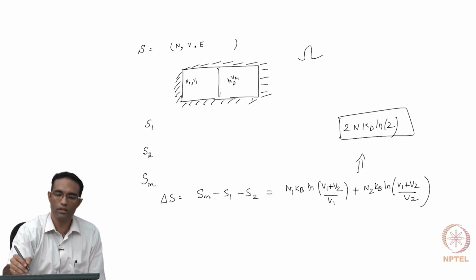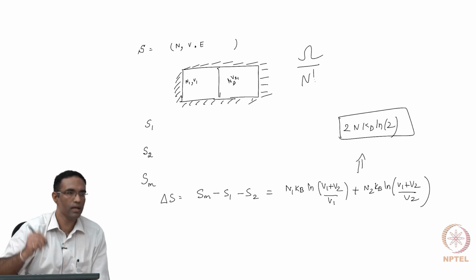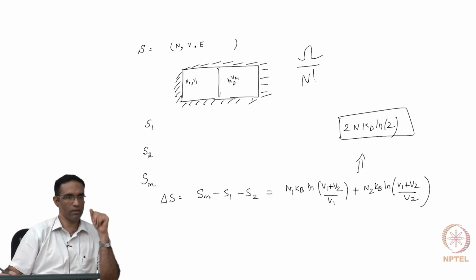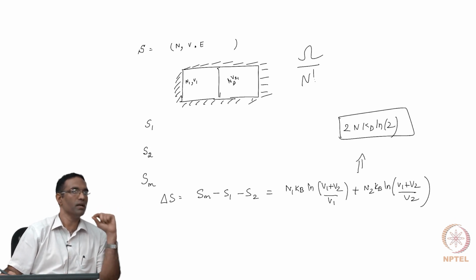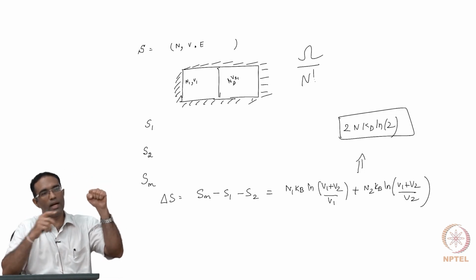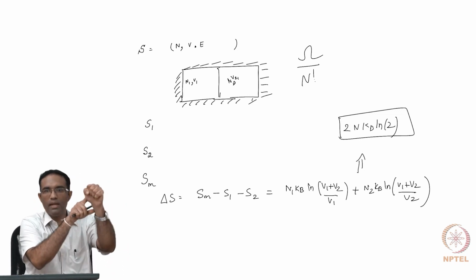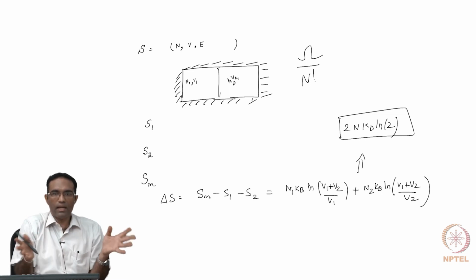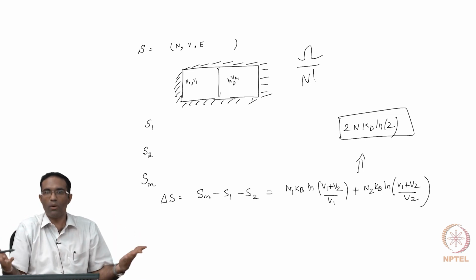It turns out that this omega is supposed to be divided by this term called n factorial, simply because we have considered each of these particles to be distinguishable. That means you are able to catch one atom and say this is atom A and this is atom B and this is atom C, right? But in reality there is no difference, you cannot make out the difference.